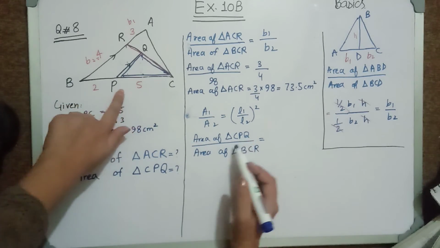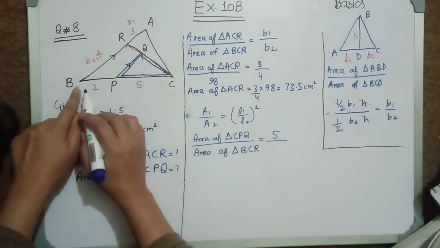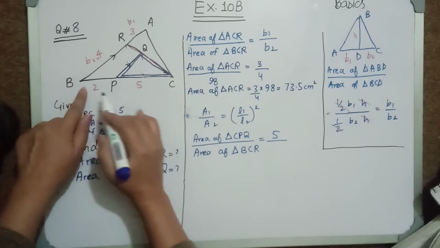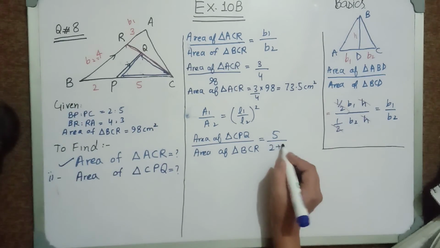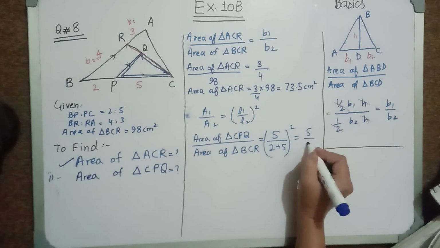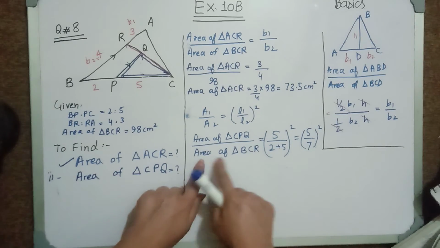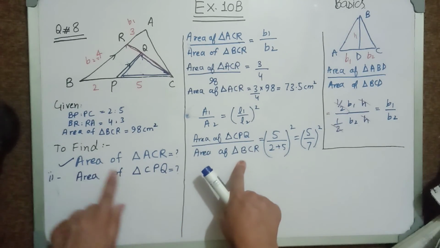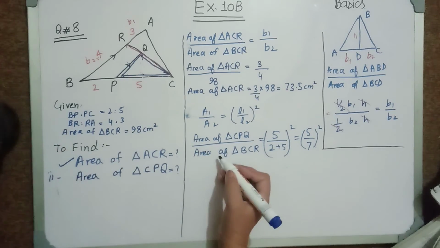L1 for CPQ is 5, and for BCR, it's not 2, it's 2 plus 5, that is 7, and it's square, which is equal to 5 over 7 square. So here I have the area of triangle BCR, which is 98. So I'll substitute this value over here.